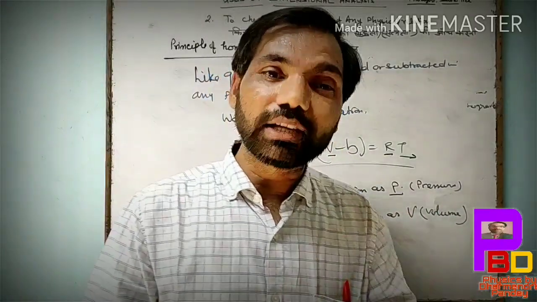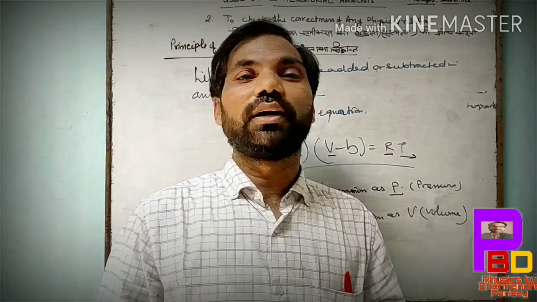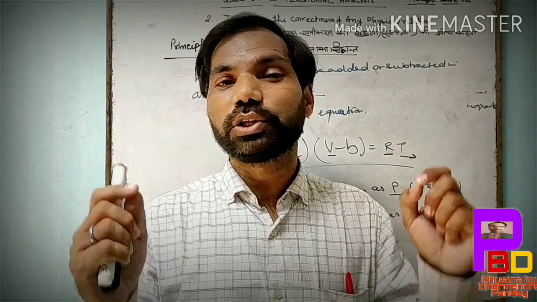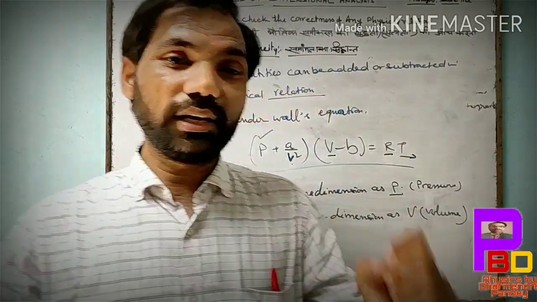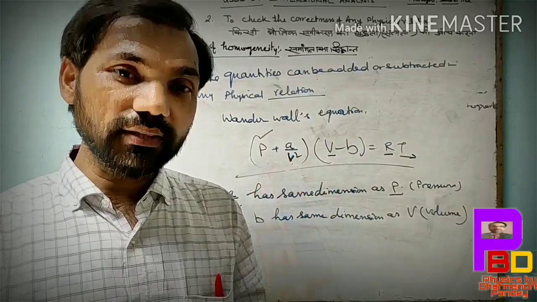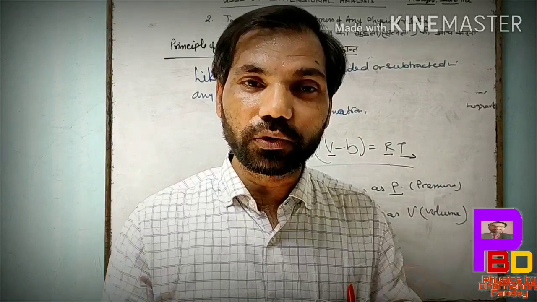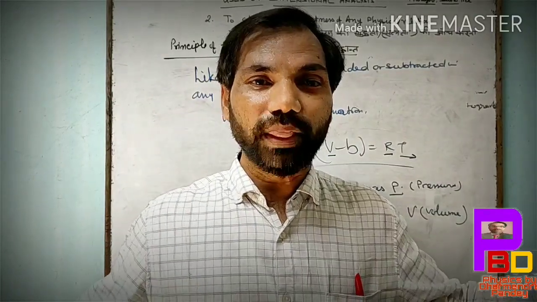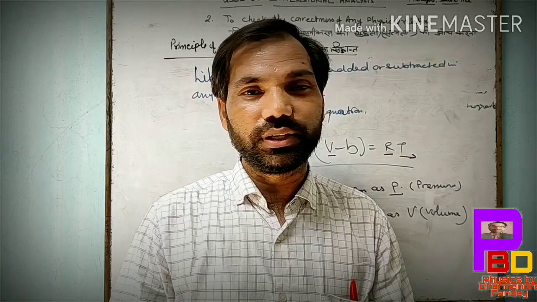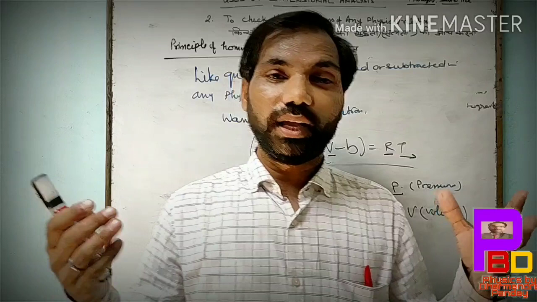You can subtract one physical quantity from the other or vice versa only if both have the same nature. So that's the key point in checking the correctness of any physical relation, and in finding out the dimensional formula of any constant in any physical relation. So that's the second application of dimensional analysis.